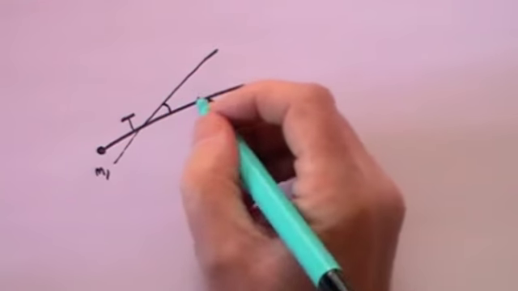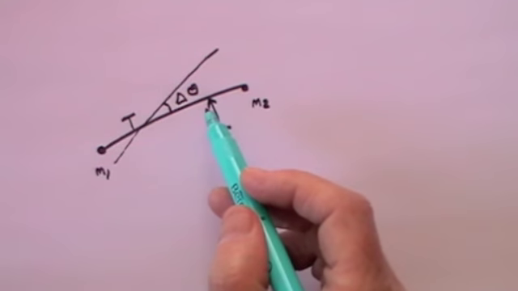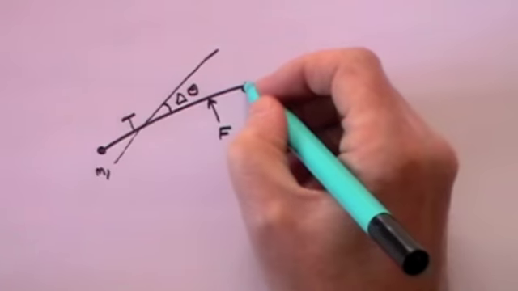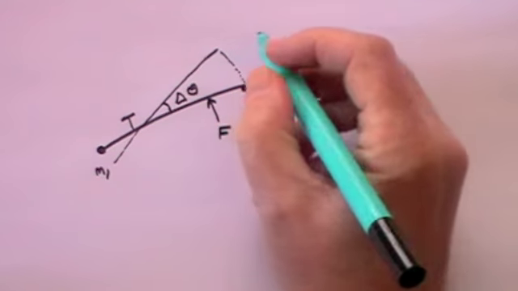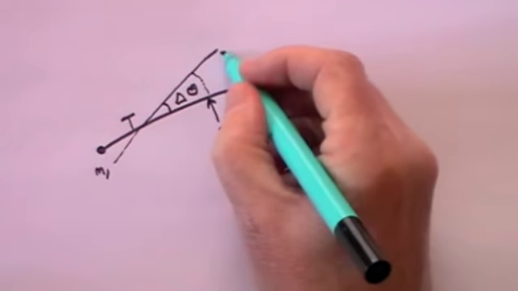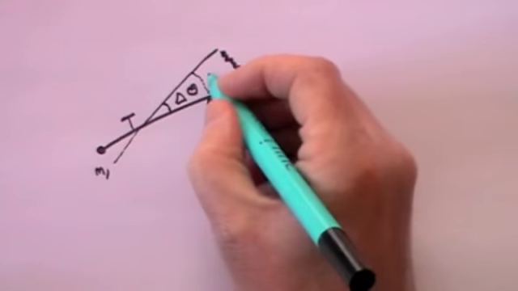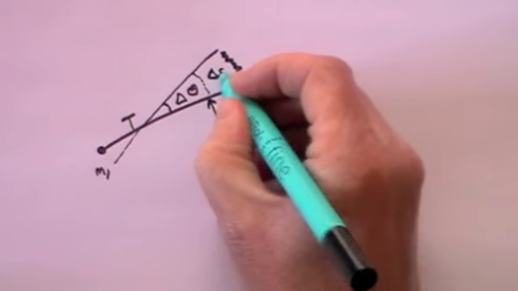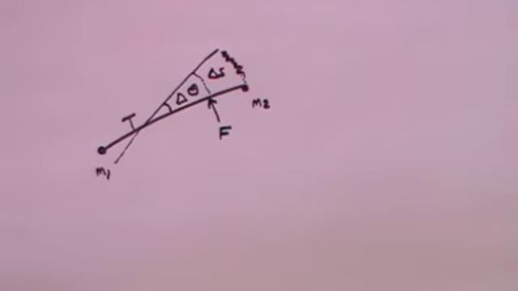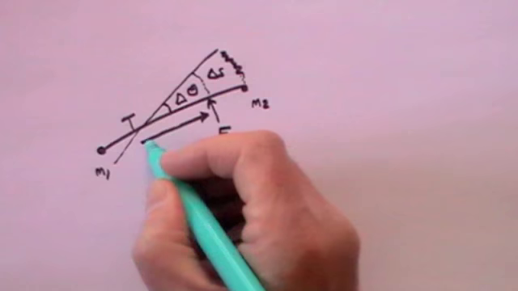Let's say that I swivel the rod through an angle d theta, and that means the point at which I apply the force goes around an arc length of delta s. And we'll say that the force is applied at a distance x from the pivot.